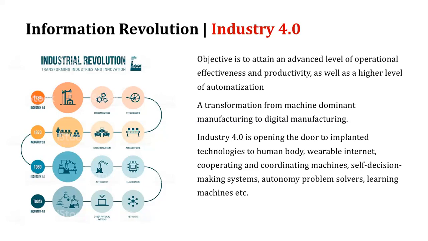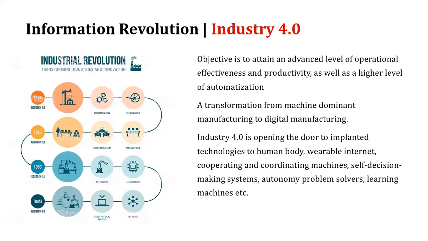In Industry 3.0, the human was supposed to interact with the machine, so the information was fed from human to the machines. But coming back to Industry 4.0, you don't need the human involvement. The machines are able to communicate with each other, right?